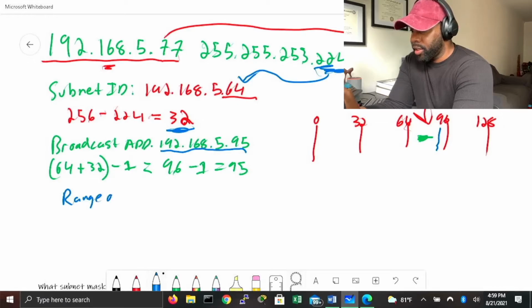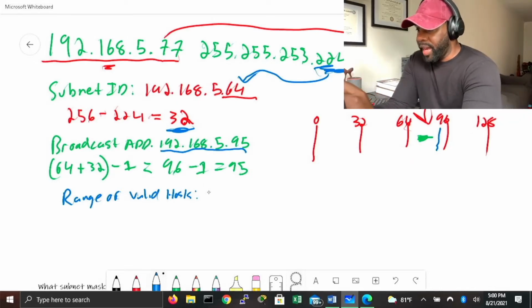These are going to be the IP addresses that are available for the devices that want to log onto your subnet. It could be the HR department, the research department, the engineering department, whatever department it is. These are the IP addresses available for the devices in that department.